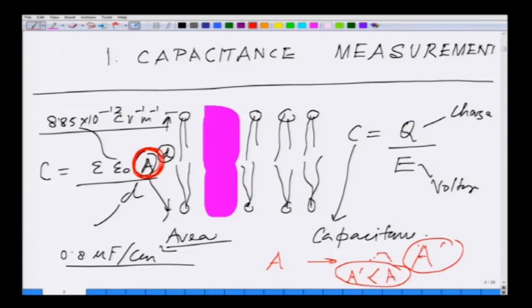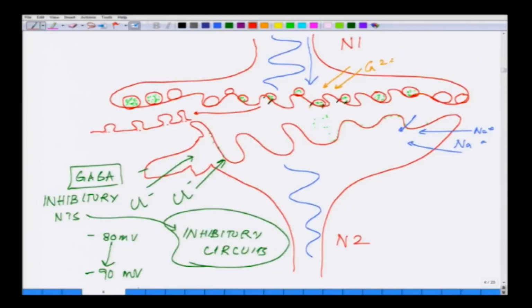This change in area could help in determining the change in capacitance, and based on the change in capacitance, you can actually back calculate how much current must have flown here.